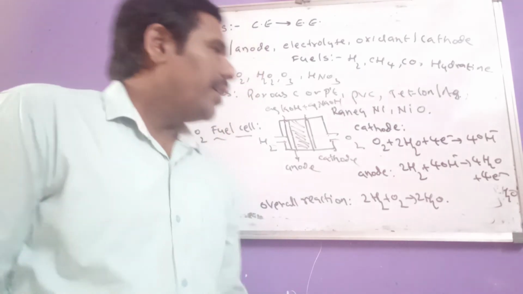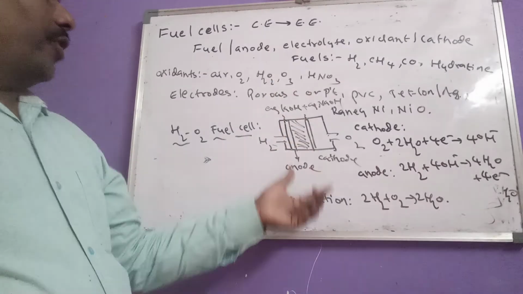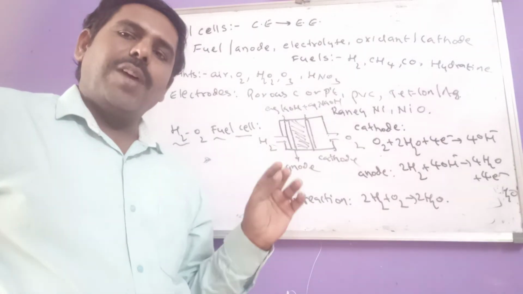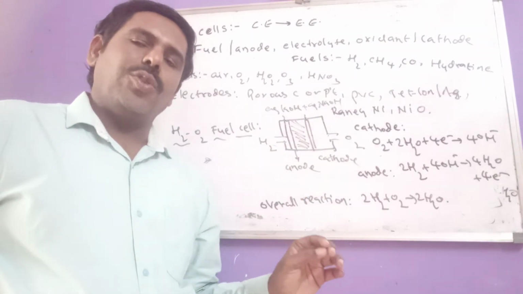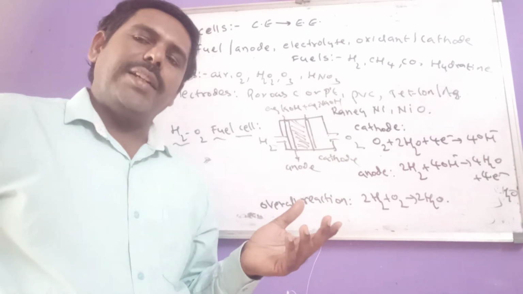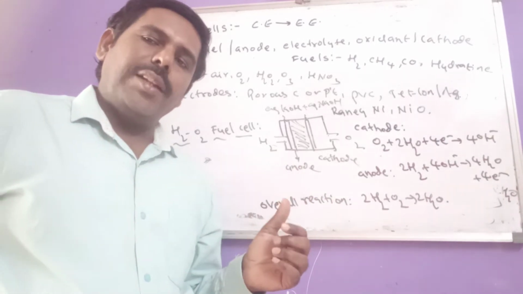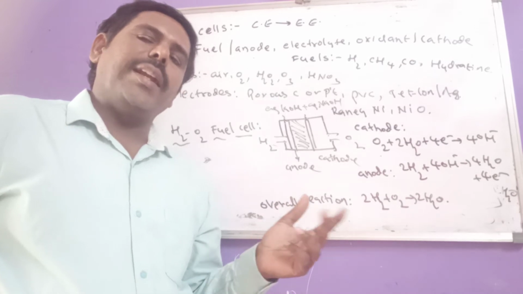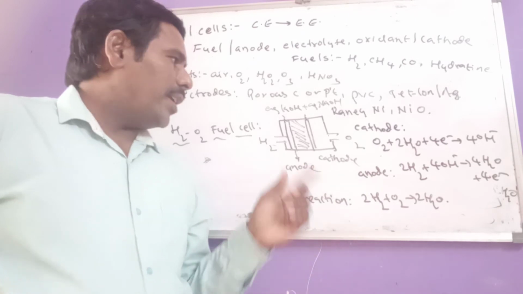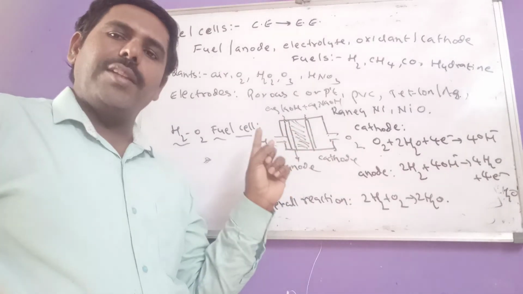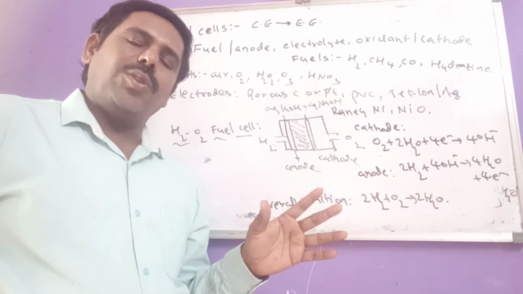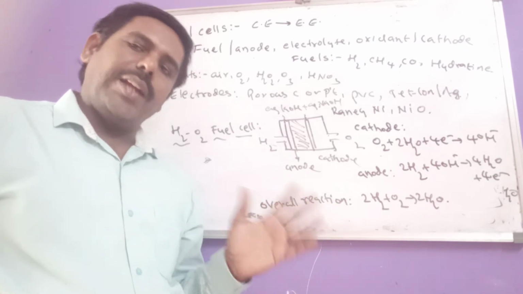So this is regarding fuel cells and types of fuel cells. In this, what are the competitive questions you get? First, they may ask what fuels, oxidants or electrodes are used in a fuel cell, and especially for the hydrogen-oxygen fuel cell, which gas is passed at the cathode and which gas at the anode.